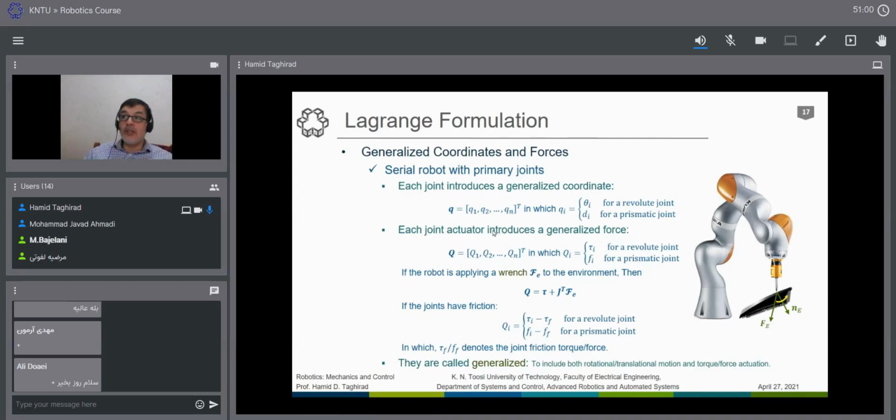What about the generalized forces? Very simple. If we have a revolute joint, we have a torque actuator there. If we have a prismatic joint, we have a force actuator, a prismatic actuator.